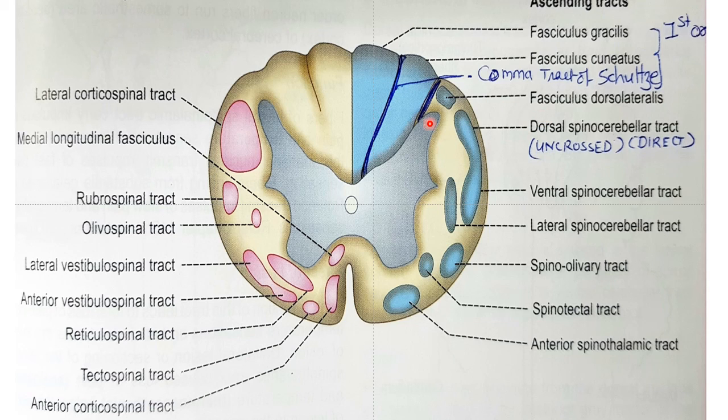Another tract which is present in the antero-lateral area is the dorsal spinocerebellar, and the anterior or ventral spinocerebellar tract. As the name indicates, dorsal means they are present dorsally, spino means they start from the spine, cerebellar means they end in the cerebellum.